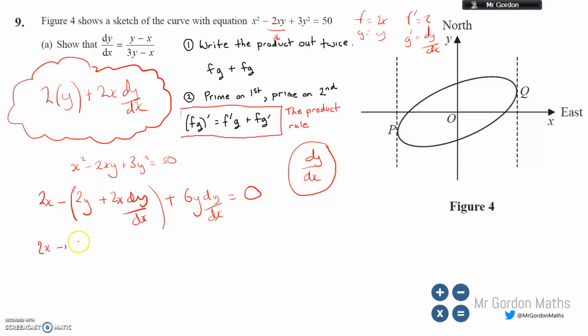Let's get rid of this minus bracket here. So minus 2y minus 2x dy by dx plus 6y dy by dx equals 0. Let's shift over these two terms here. I'll move the 2y over, the minus 2y becomes a plus 2y, and the 2x becomes minus 2x.